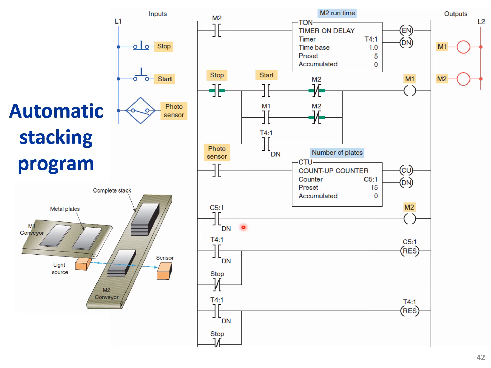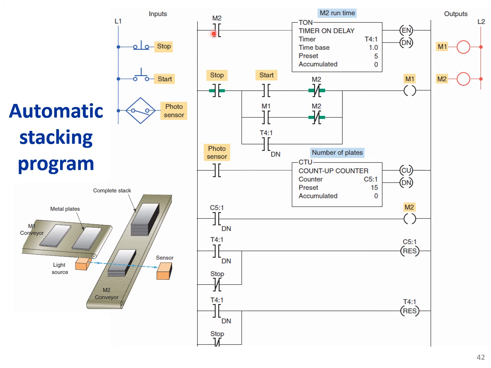So once the done bit of the up counter is true, then M2, the motor of conveyor 2, will be on to move the stack forward.